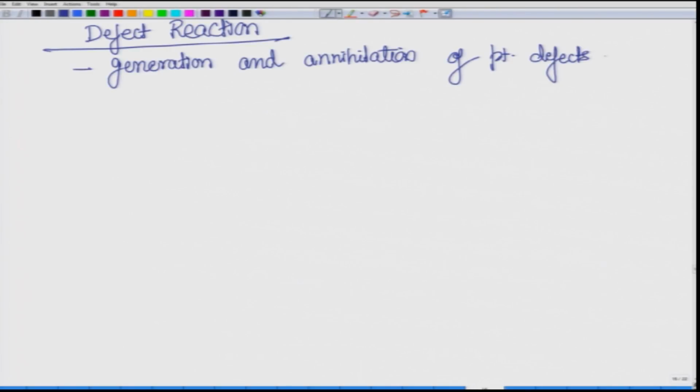What is a defect reaction? How would you define defect reaction? Generation and annihilation of point defects can be treated as a reaction.